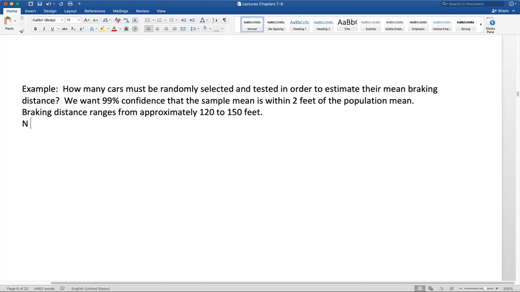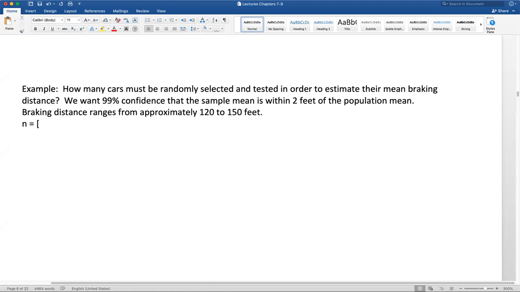well, definitely we're going to find the critical value, right? z sub alpha over 2. You can use the calculator, but we already figured out z sub alpha over 2 for the 99% confidence level in the previous example, right? So it was 2.56.